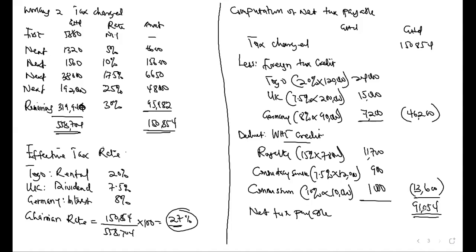So this is his net tax payable. So this is the A.